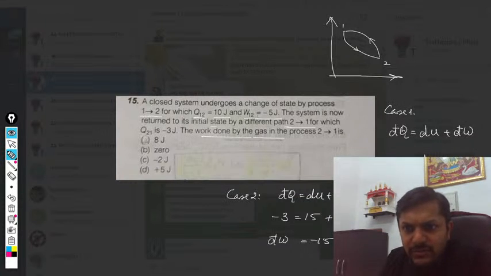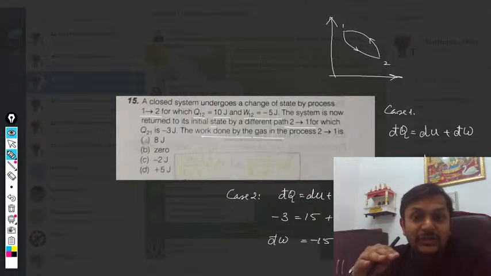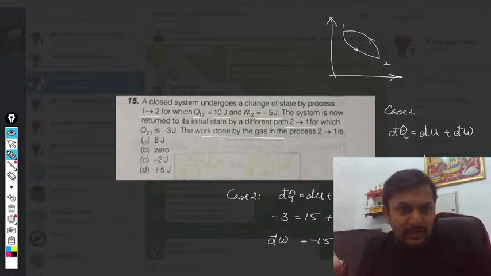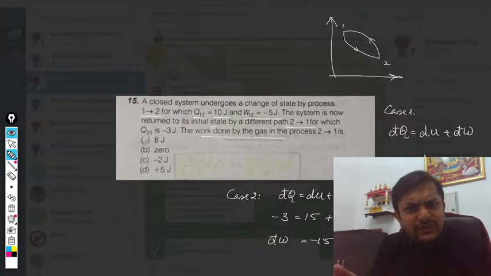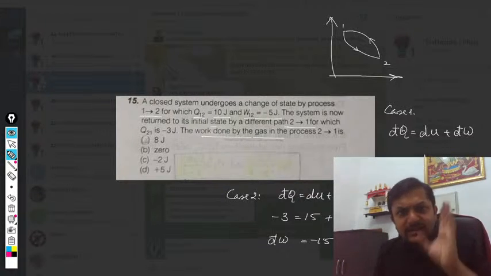How can this work done be negative? I believe the question has been taken from, I suppose, your chemistry chapter of thermodynamics. Many times students post chemistry questions in physics groups and all that. So I think there is an error here.